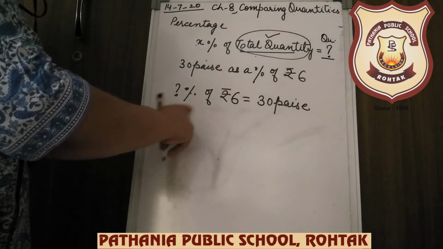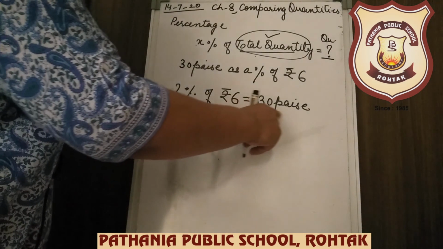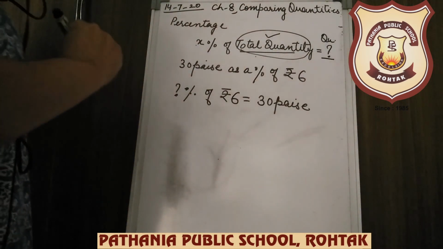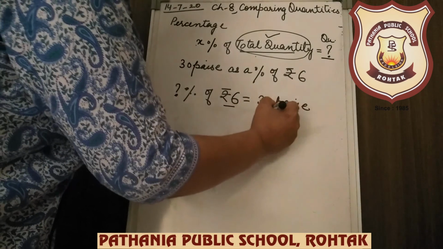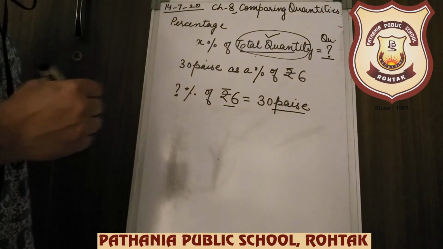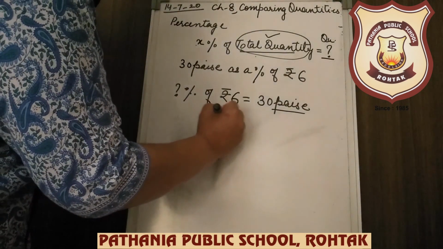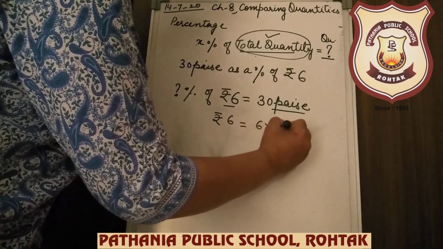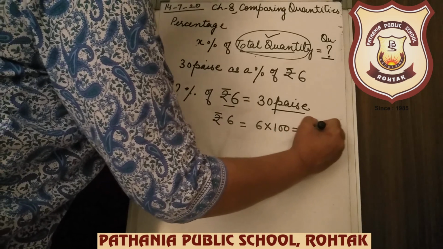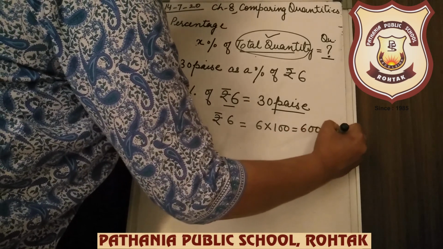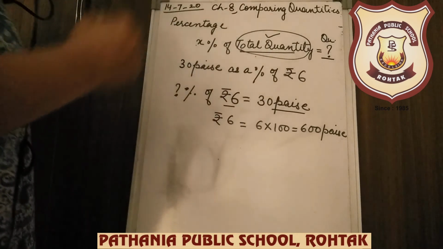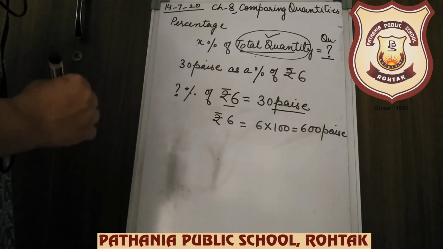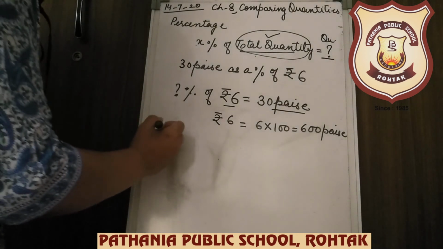First thing, these two have to be in the same unit. So rupee 6 is equal to 6 multiplied by 100, that is 600 paise. Now put it in the equation.